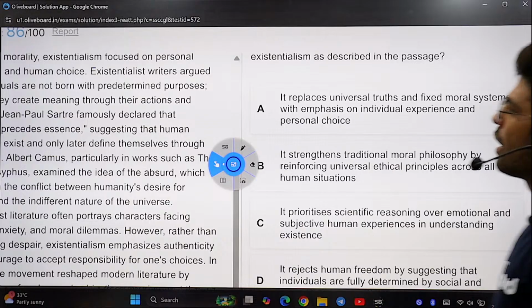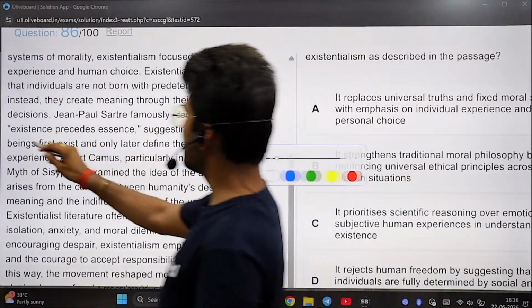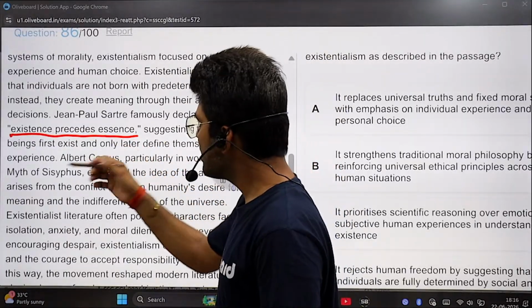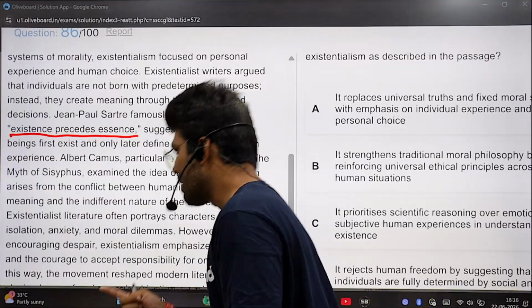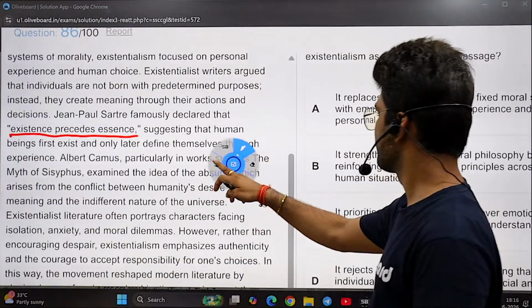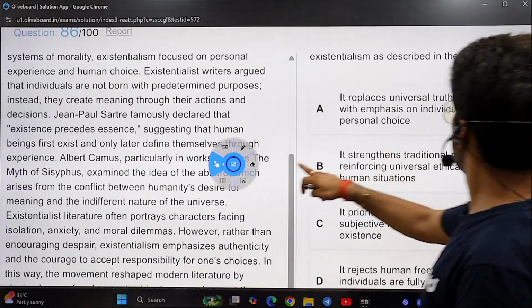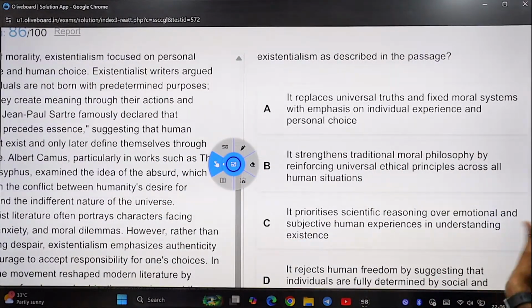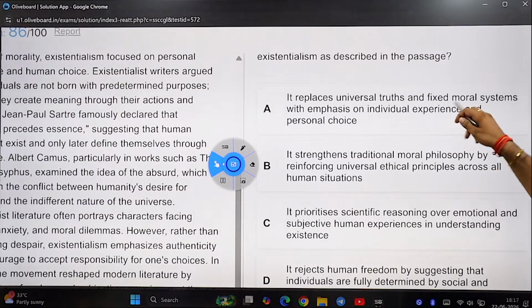Okay, as you have gone through that one line, existence precedes essence. That means humans exist first, they define themselves later. It replaces universal truths and fixed morals with emphasis on individual experience and personal choice. Yes, individuals.